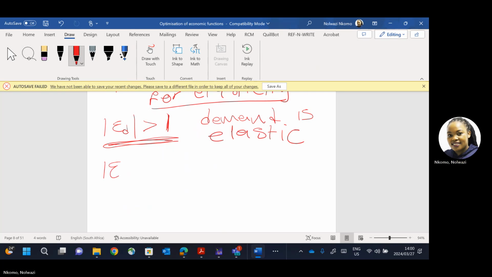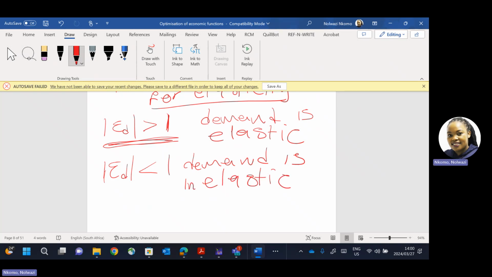If the absolute value of the elasticity of demand is less than 1, then here we say the demand is inelastic at that given price. And this simply means if the price increases by 1%, the demand decreases by less than 1%.